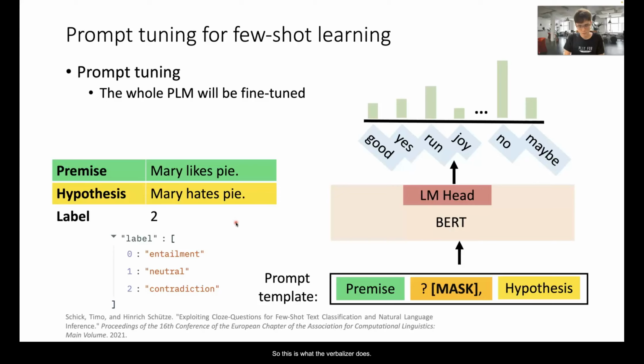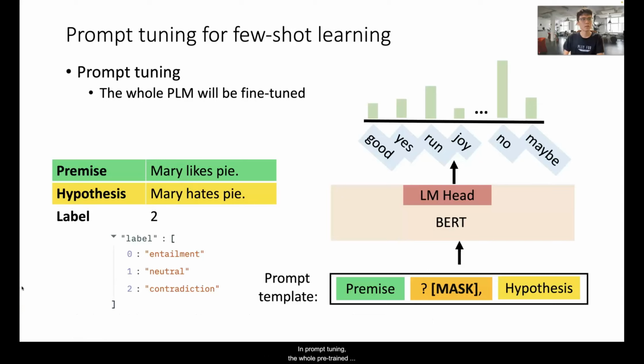This is what the verbalizer does. The verbalizer tells us that we just need to select the probabilities of yes, no, and maybe, and normalize them into a probability distribution. This corresponds to the probability distribution of entailment, contradiction, and neutral. So we have the probability distribution over the label space as we want. This is the whole idea of prompt tuning.